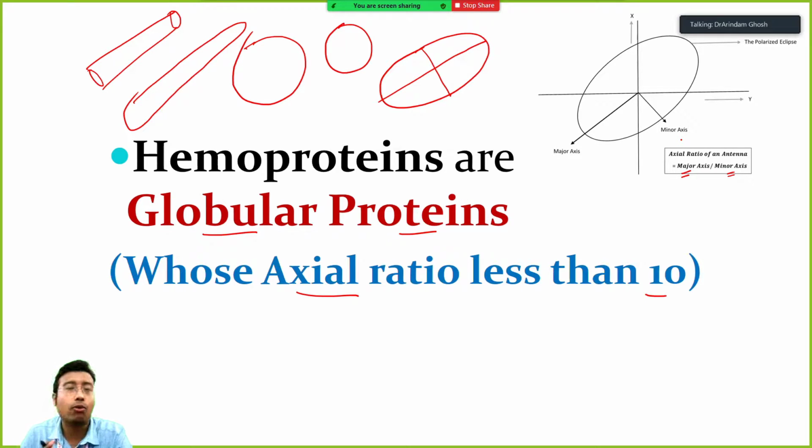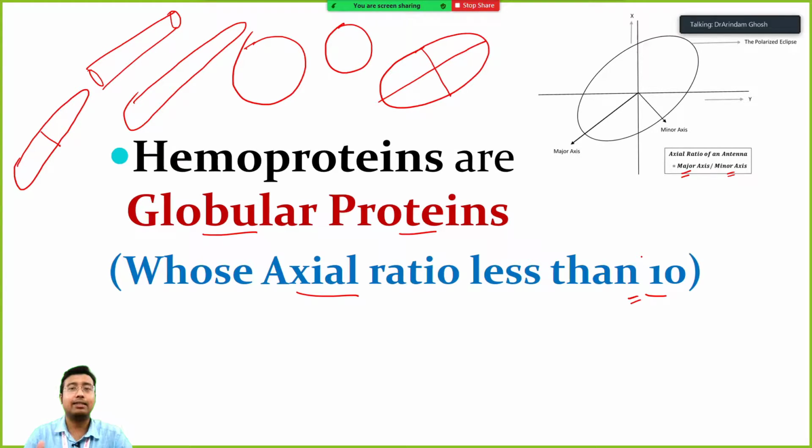If the axial ratio is more than 10, the major axis is 10 times longer than the minor axis. If it is so, the protein will appear very long, it will be fibrous. However, in a globular protein that ratio cannot be high, so the major axis cannot be too much higher compared to the minor axis. So here the axial ratio is less than 10 for hemoproteins, globular proteins.